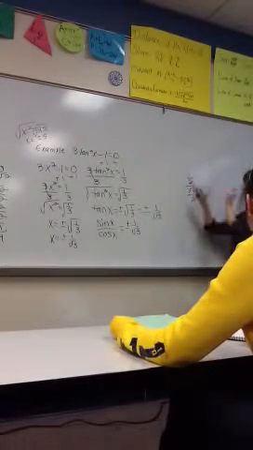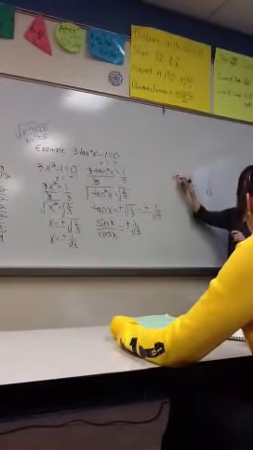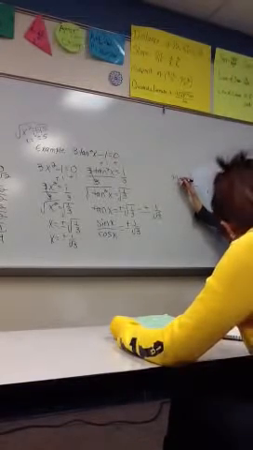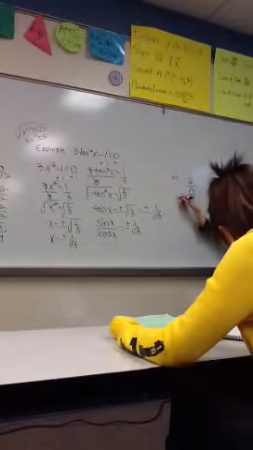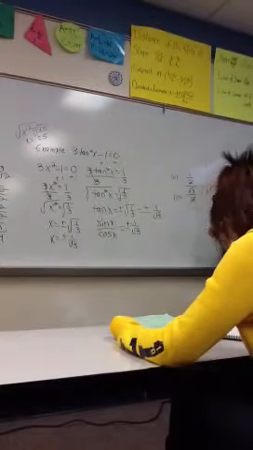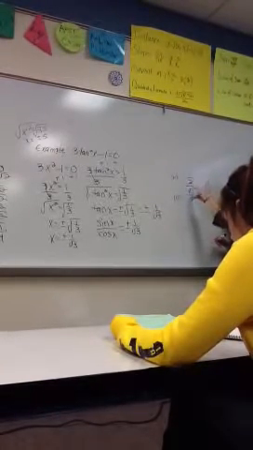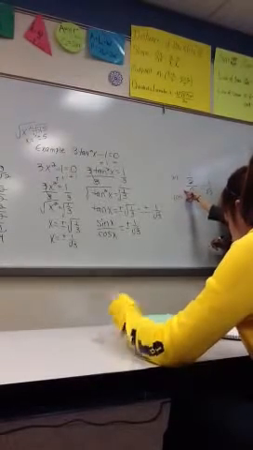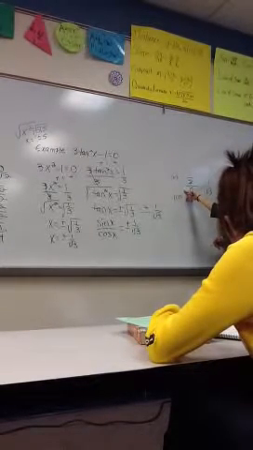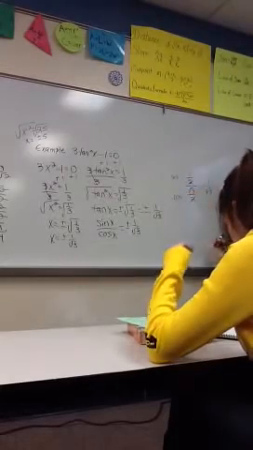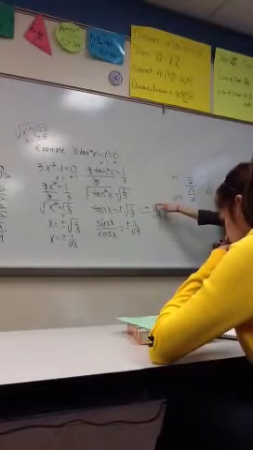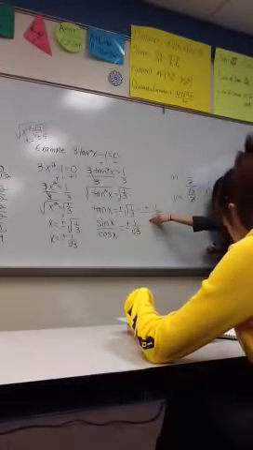Pi over 6. This is sine. Sine is on top. What's on the bottom? Cosine. So you are looking for sine values that are 1/2 and cosine values that are the square root of 3 over 2. 30. Now, we are looking for positives and negative.